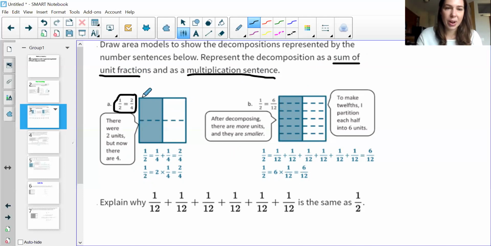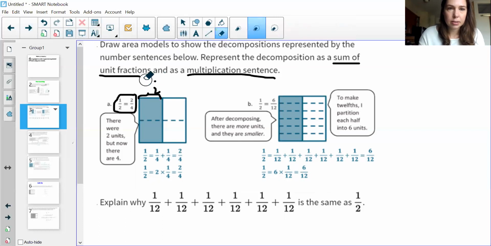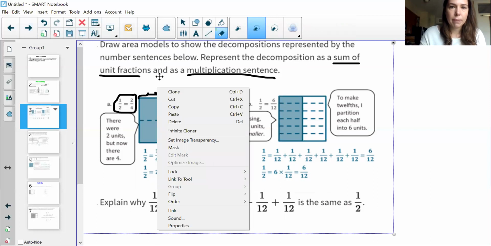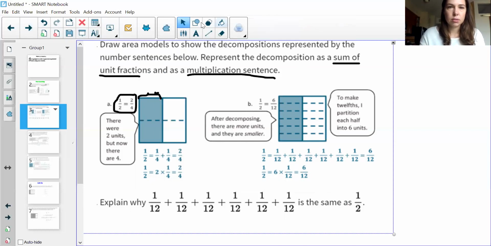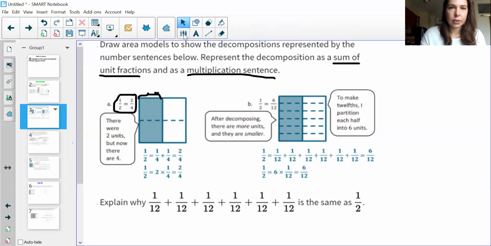Okay. So here we go. We started with 1/2. And this is my 1/2 right here. Then, let me fix that to make it a little bit more clear what I mean. So this is my 1/2.